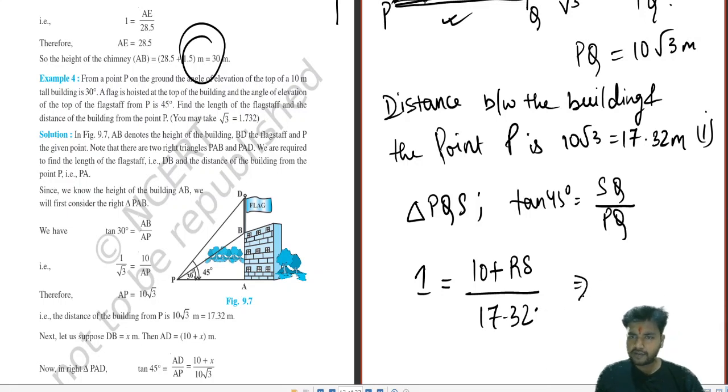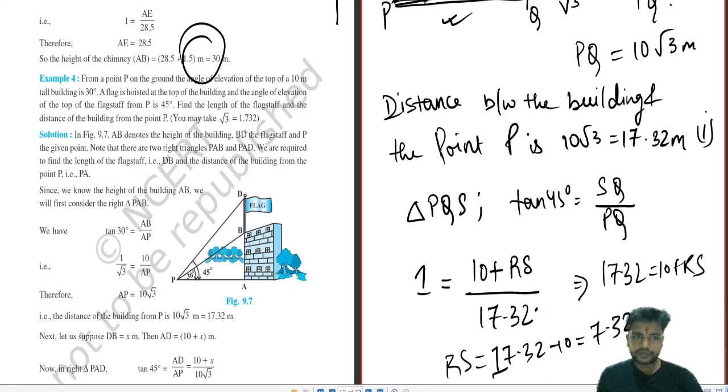So what is the length of RS? 17.32 is equal to 10 plus RS, or RS will be equal to 17.32 minus 10, that is 7.32.